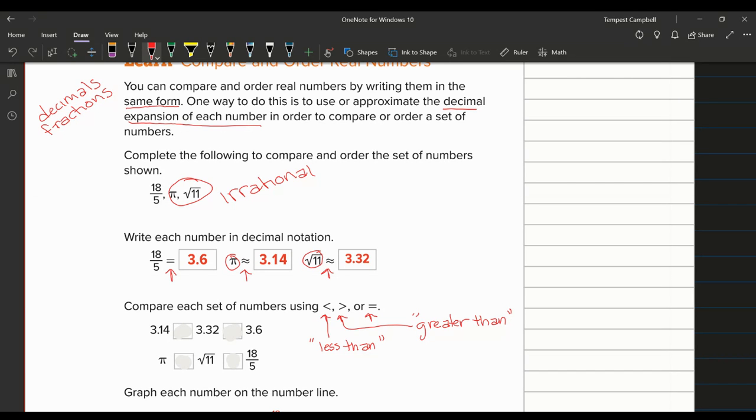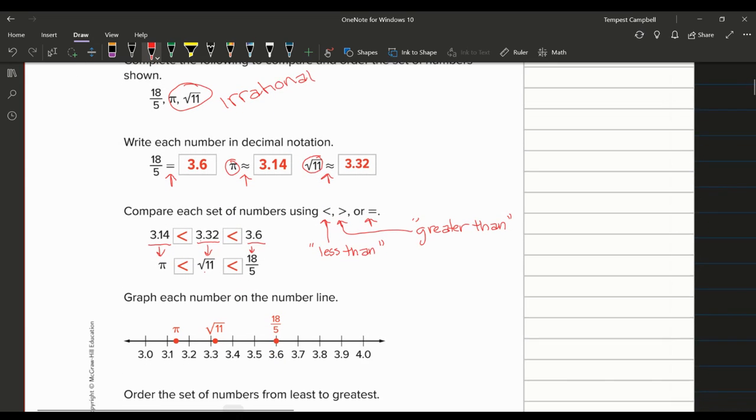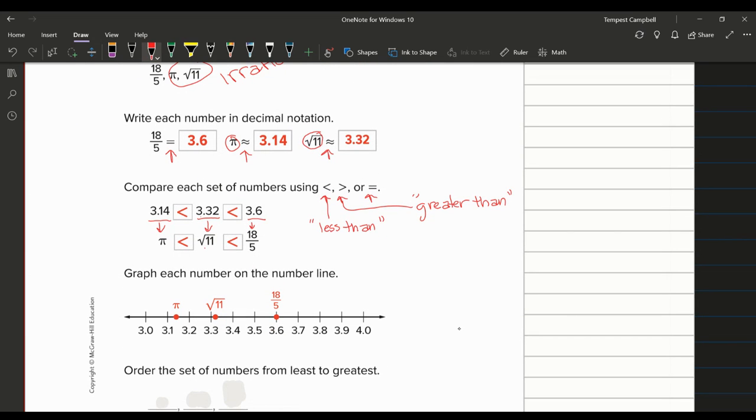All right, so when we put these in order, notice how we have 3.14, 3.32, and 3.6. And so 3.14 is less than 3.32, which is less than 3.6. And so we're going to write their equivalents down. So now that tells us pi is less than the square root of 11, which is less than 18 divided by 5.